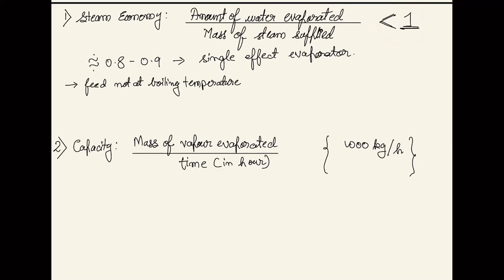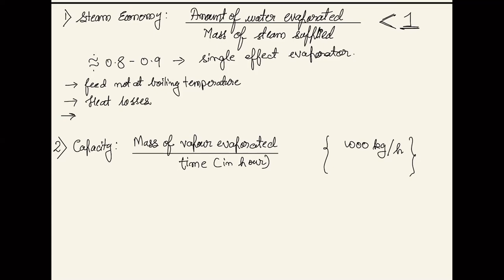Second reason, which you can easily spot, is the heat losses. There would be some heat losses to the environment. There would be some heat losses by this particular steam in heating of the equipment. So heat losses, second is this.